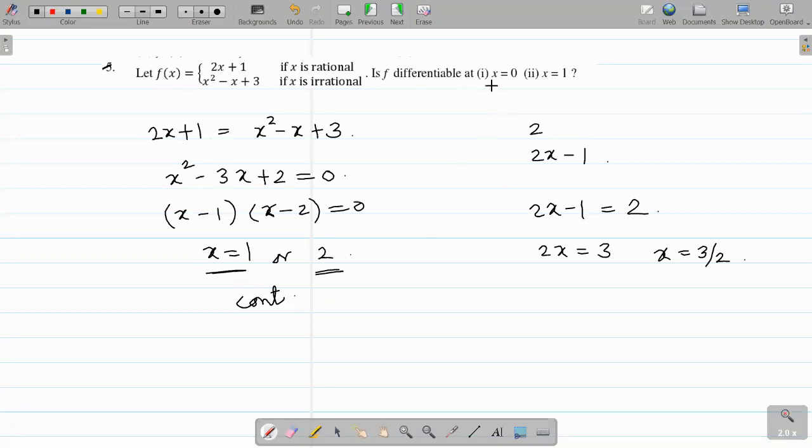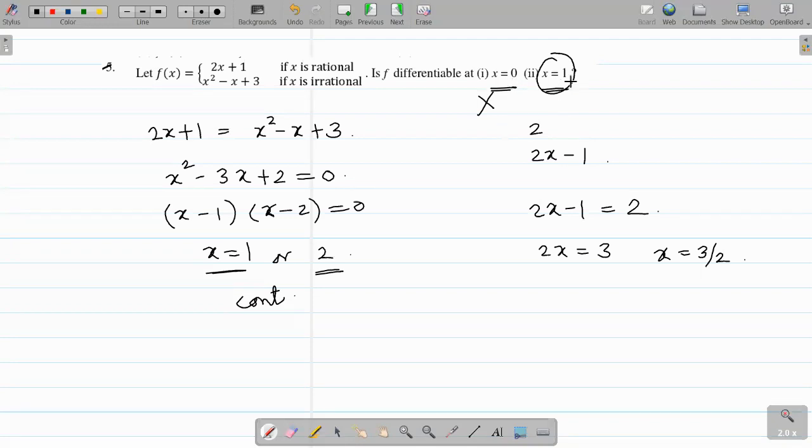I don't think any of the points will have it, because there are only two candidates, 1 or 2, since continuity is only at these two points due to rational and irrational. When these intersect, only those points are points of continuity. So the question is whether 1 is a point of differentiability. That's the only one. Zero is definitely not, because there is no continuity at zero. So no question of differentiability.